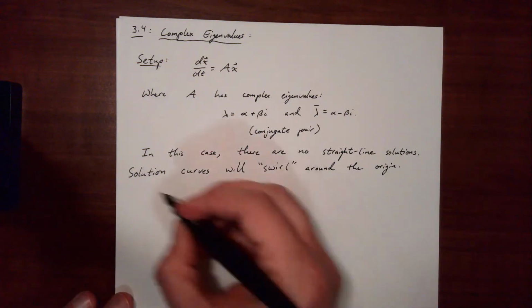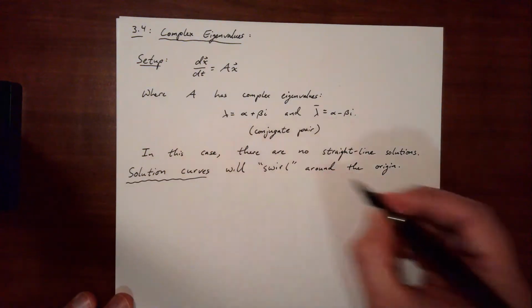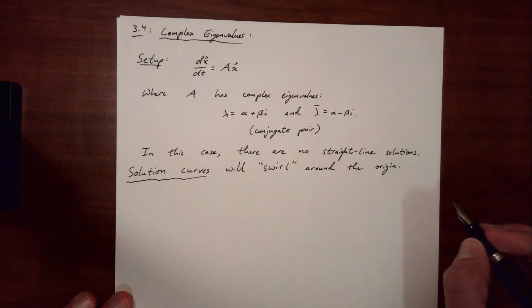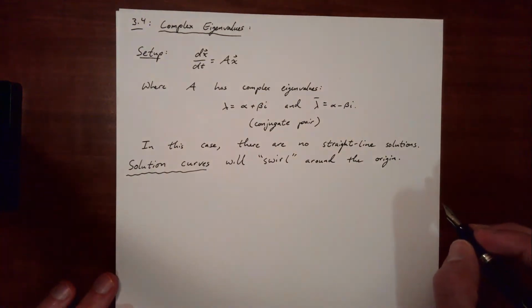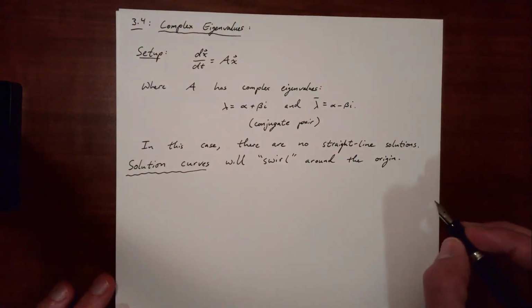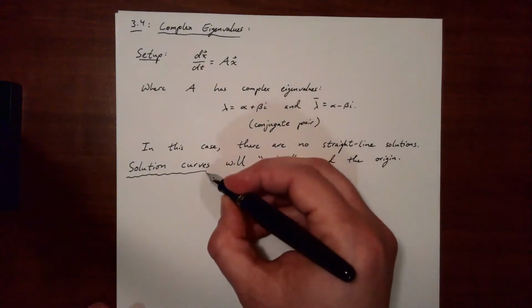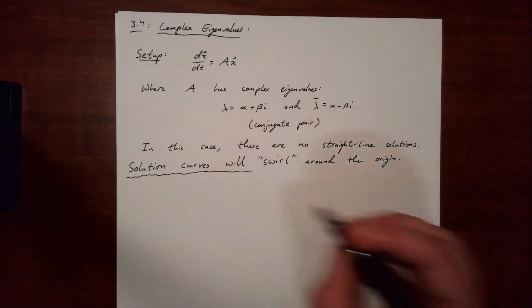All right, well, in order to understand exactly how the swirling will happen, it will be necessary to unpack these a little bit. But let me just cut you to the punchline on this, as far as determining what sort of swirls we will be encountering.